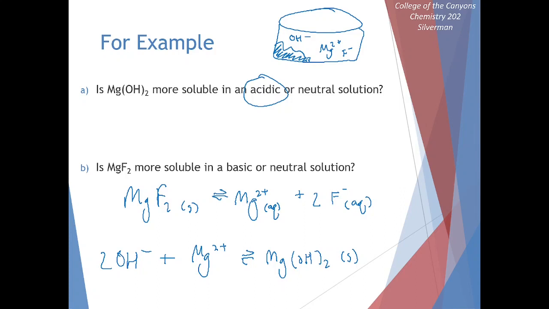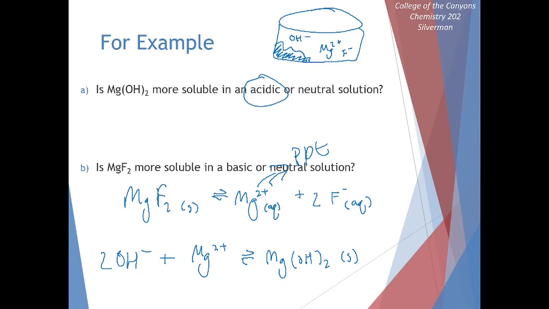This is a precipitation reaction. It's the reverse of our dissolving reaction. And we saw actually that magnesium hydroxide is not very soluble. It will like to form precipitates. What we can say then is that when we add hydroxide, this will react with our magnesium. This will cause our magnesium to form a precipitate and be pulled out of our first equilibrium.